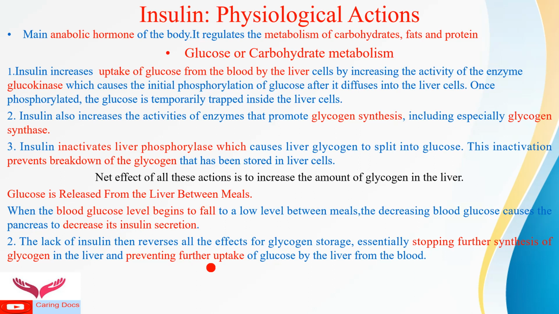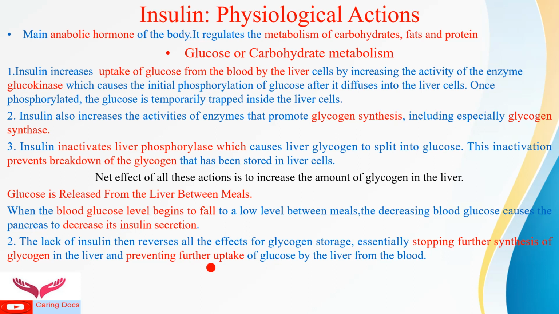It also increases the activity of the enzyme which promotes glycogen synthesis. So it increases glycogen synthesis also. It also inactivates the enzyme liver phosphorylase. This phosphorylase enzyme causes splitting of glycogen into glucose.